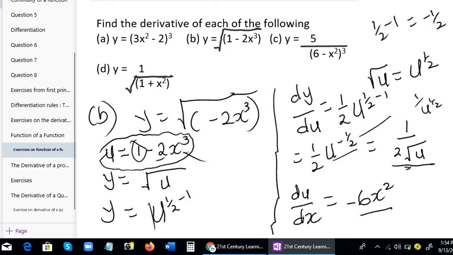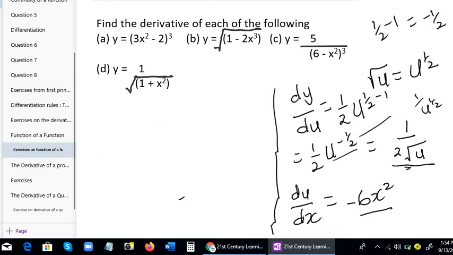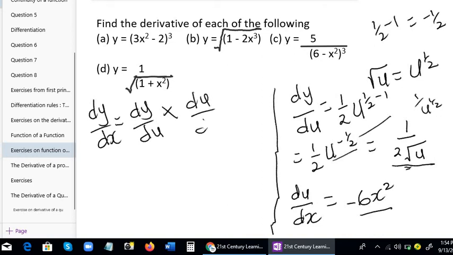Okay, so let's use our chain rule. Using our chain rule, dy/dx equals dy/du times du/dx.